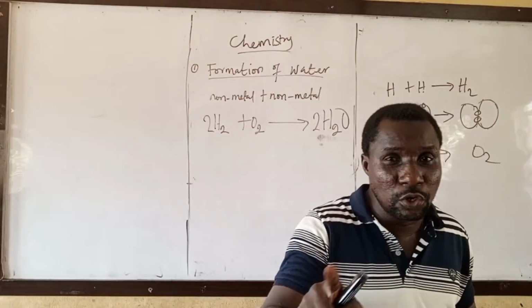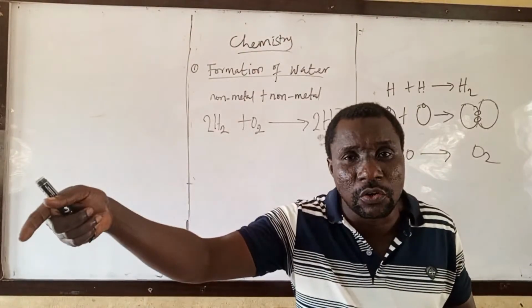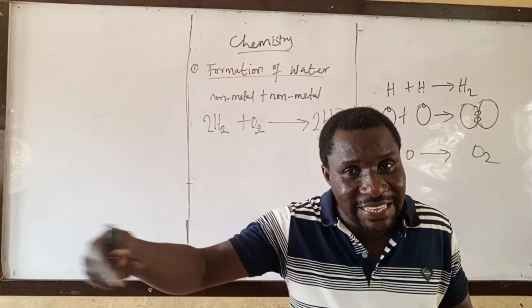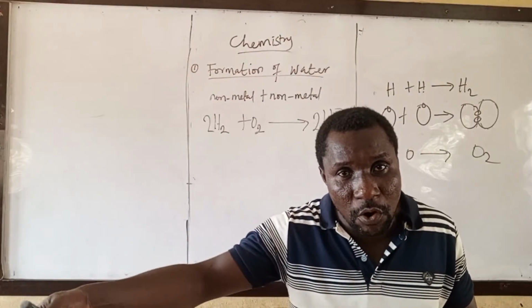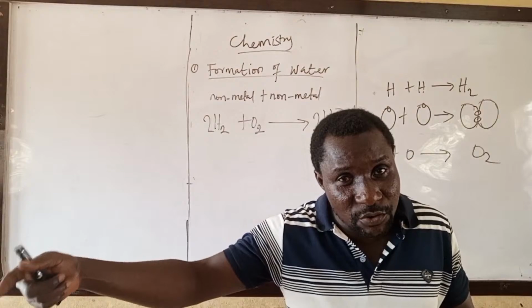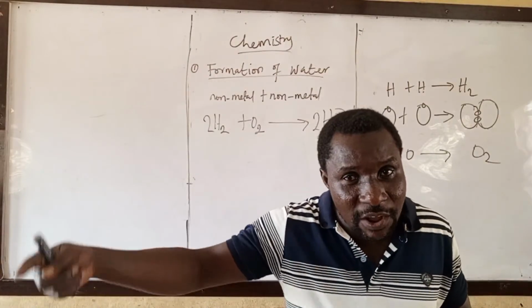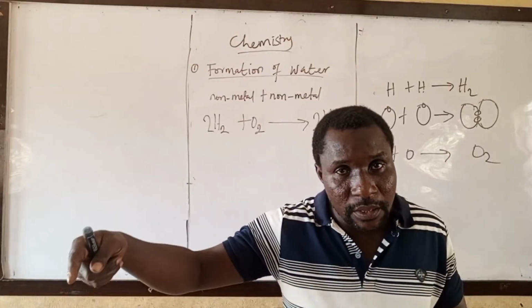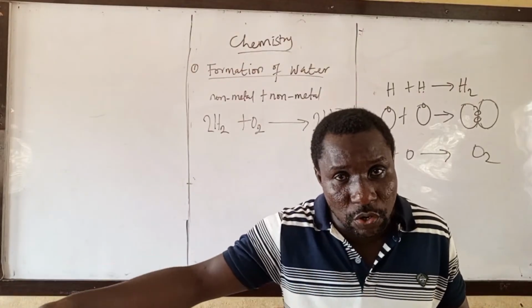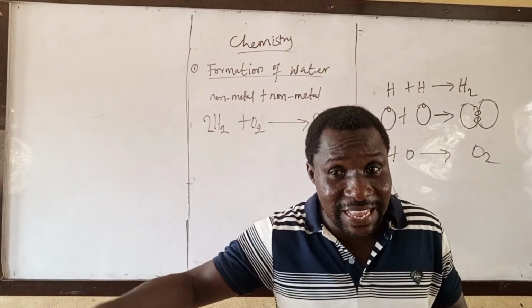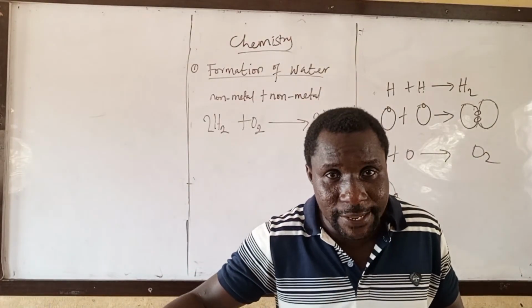But don't forget this. Generally, I told you, valence electrons undergo bonding. Valence electrons undergo what? Bonding. Please take note of that statement too. Valence electrons undergo chemical bonding. I will explain.